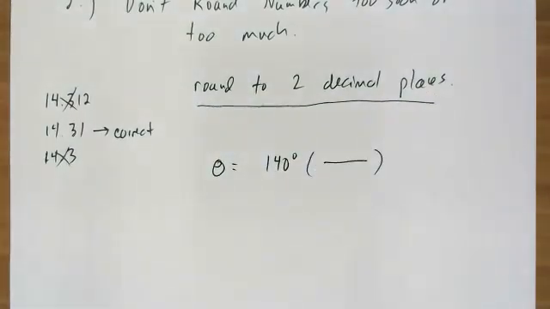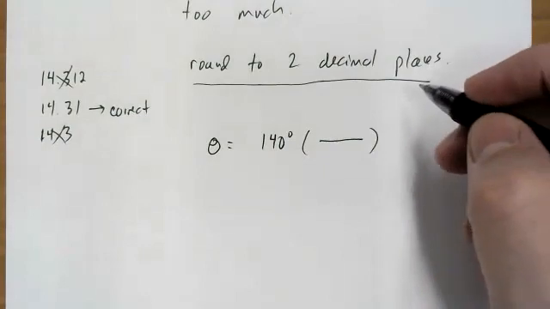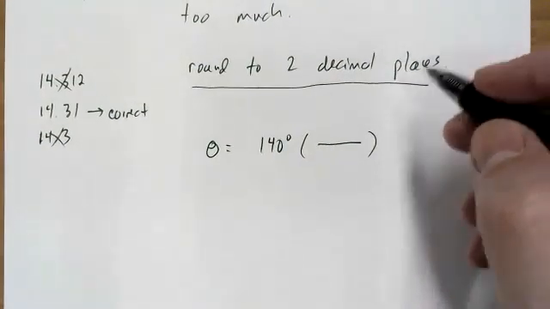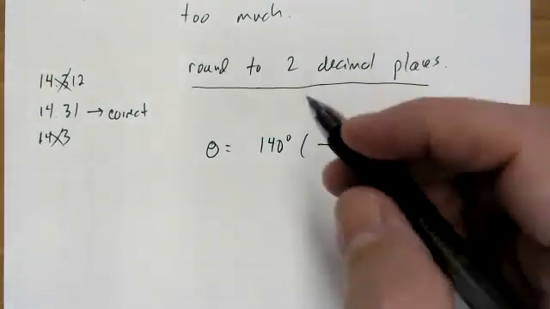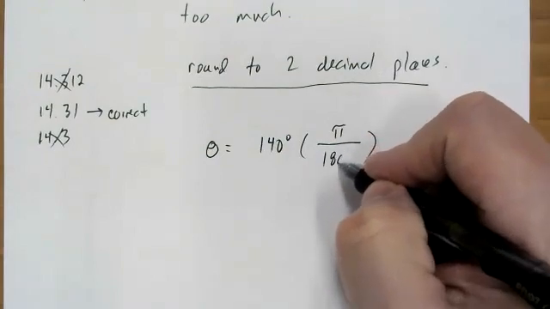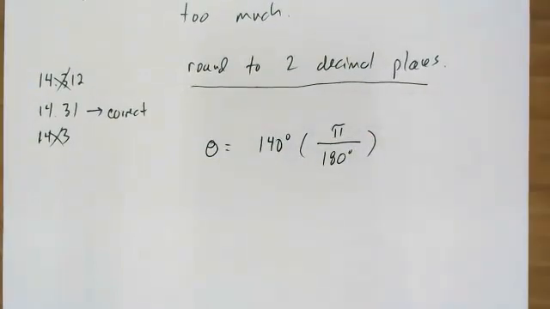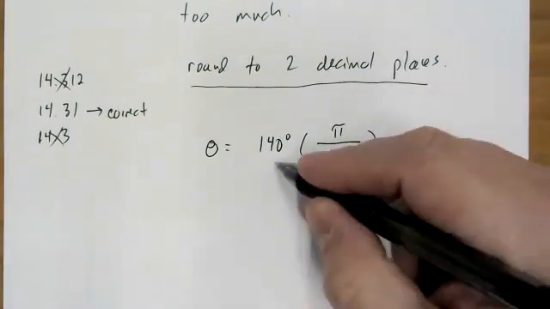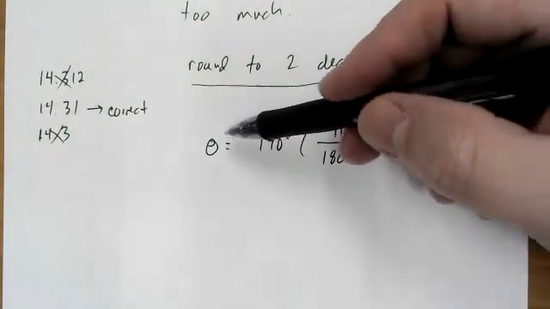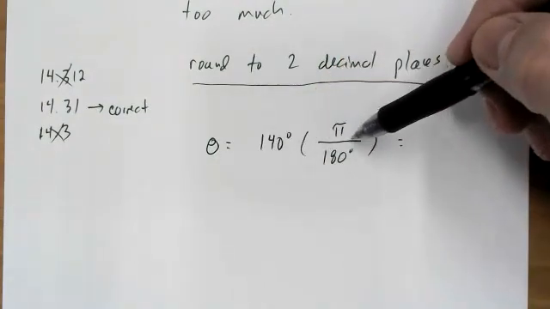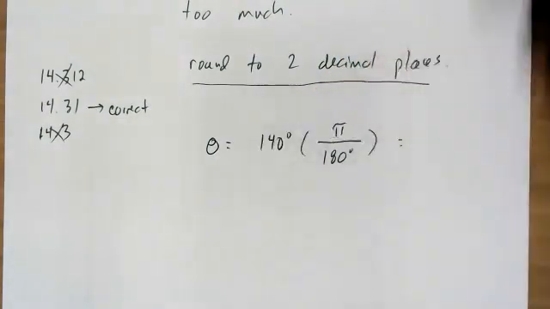We had a 140-degree angle, and in the world of trig, we had to change it to radians. Now, hopefully most of you remember this thing called pi from working with geometry some.